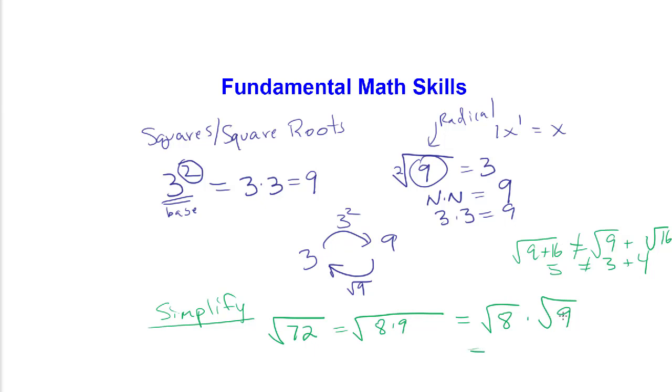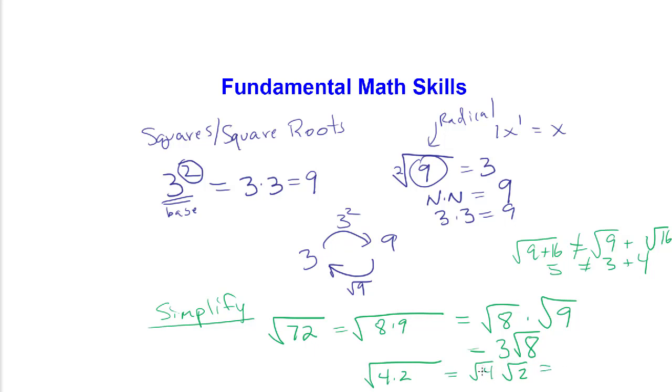So the square root of 9 is 3, so this is 3 root 8. Well, can I keep going? Are there any perfect square factors of 8? I think so. Let's look at that. The square root of 8 I could rewrite as the square root of 4 times 2, which is the square root of 4 times the square root of 2 separately. I can do that again in multiplication, breaking apart my radicals. And the square root of 4 is 2.